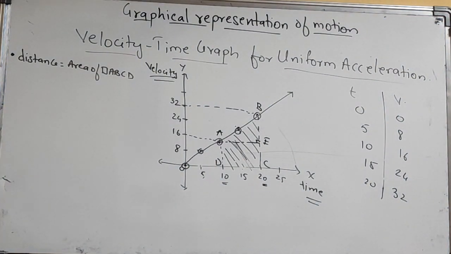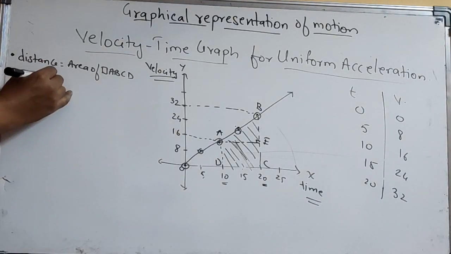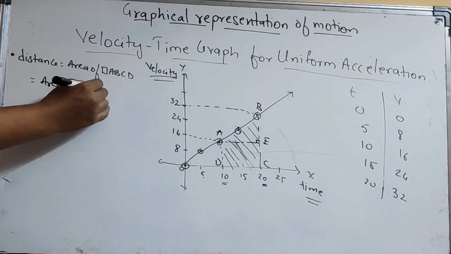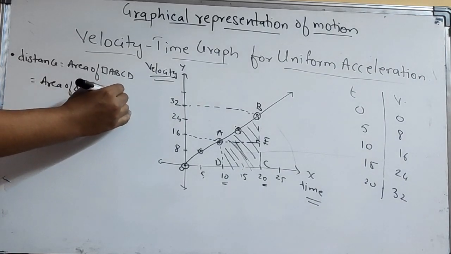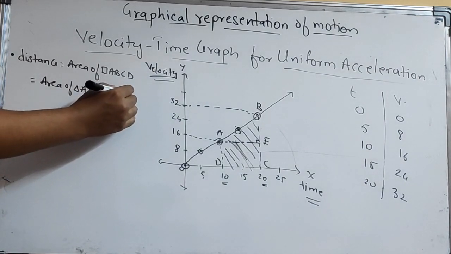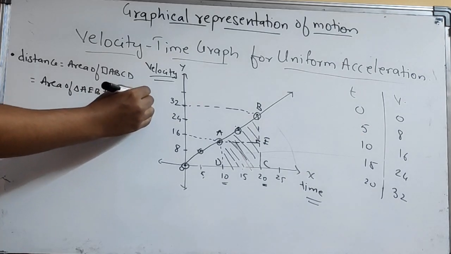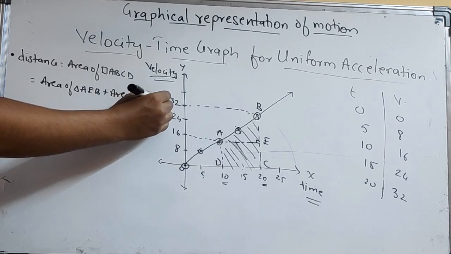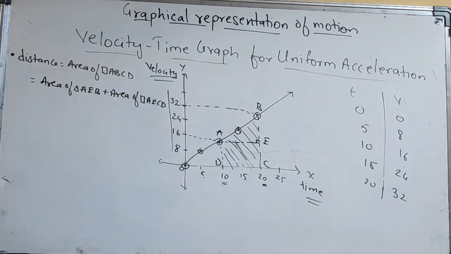Area of quadrilateral ABCD is equal to area of triangle AEB plus area of quadrilateral AECD. Now let us find the area of triangle AEB.